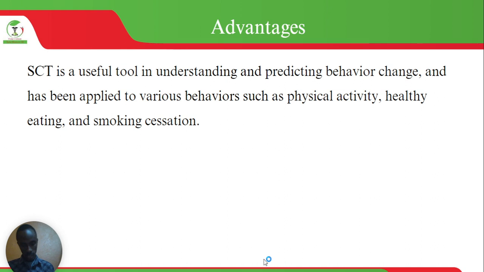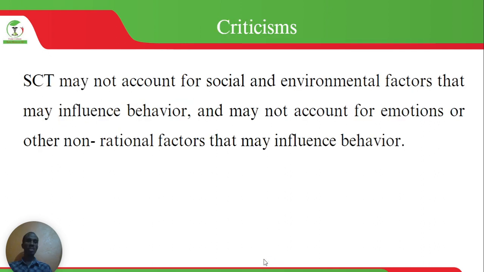The criticisms to this theory is that also it does not account so much of the environmental factors that influence behavior, and also doesn't account for emotions and other non-rational factors that may influence behavior.